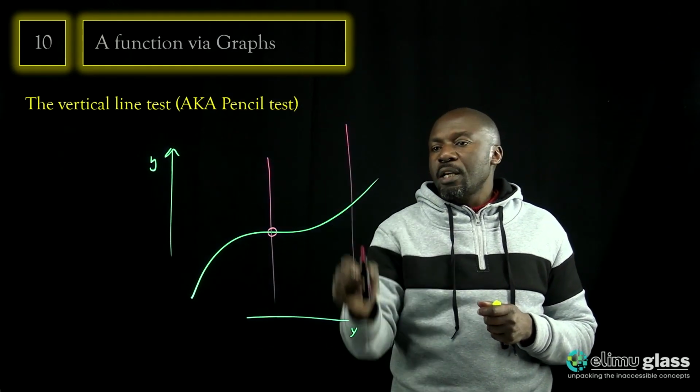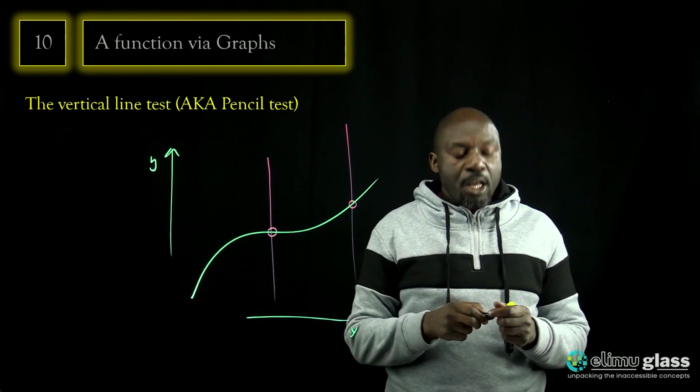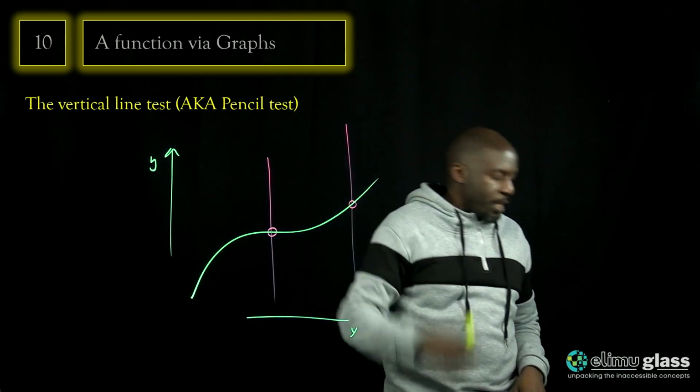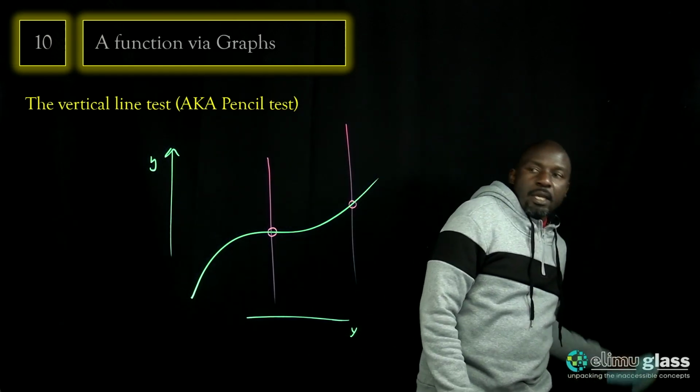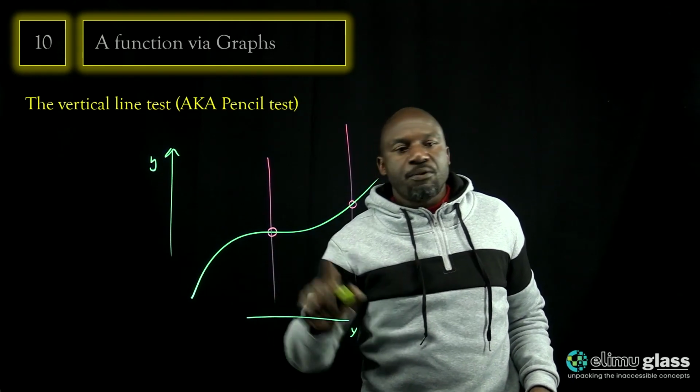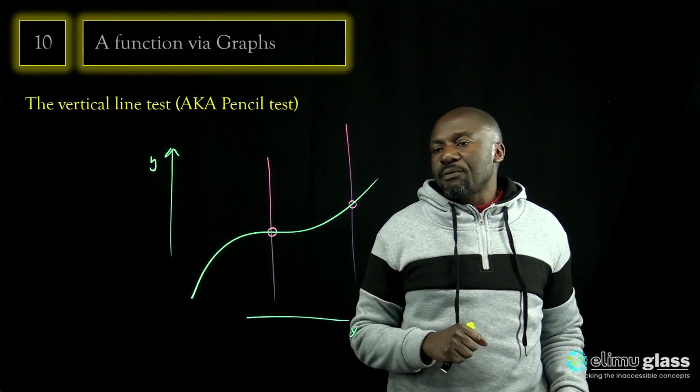If I put it here, it's crossing at a single point. If it is crossing only at one single point, then you know that that is a function. It is a function because that value of x has only one value of y. Therefore, that is a function.